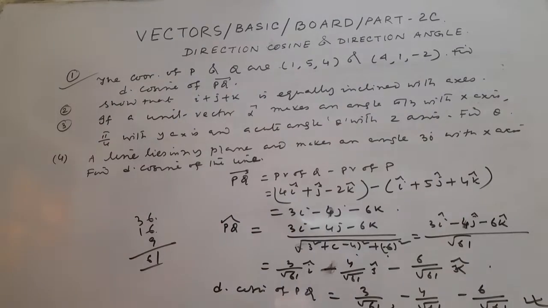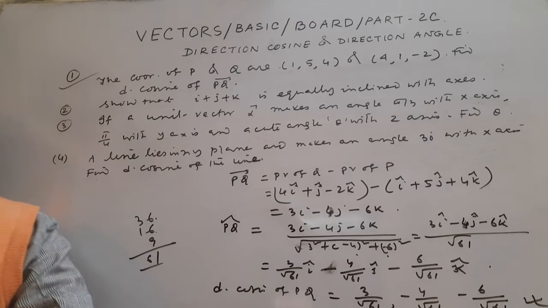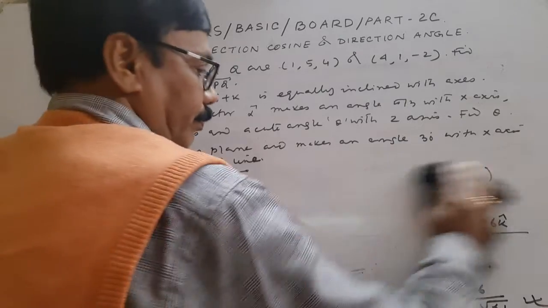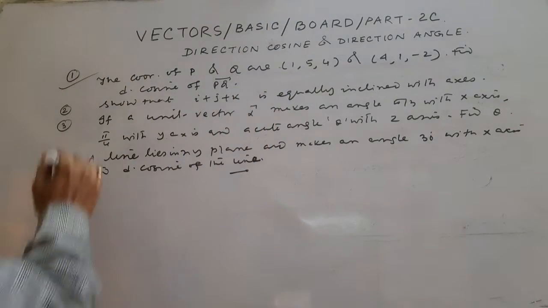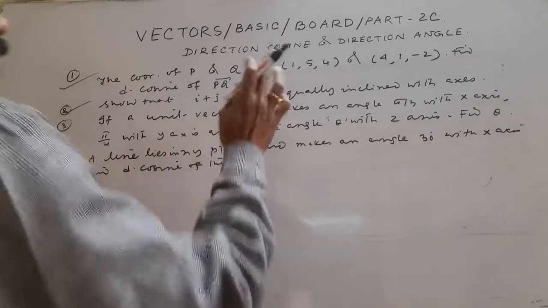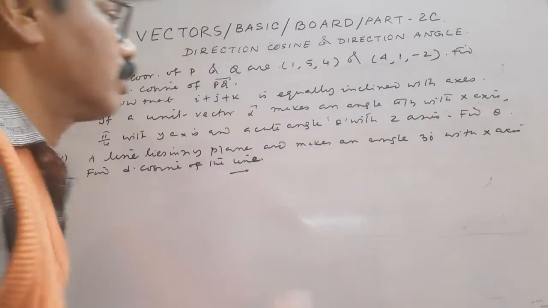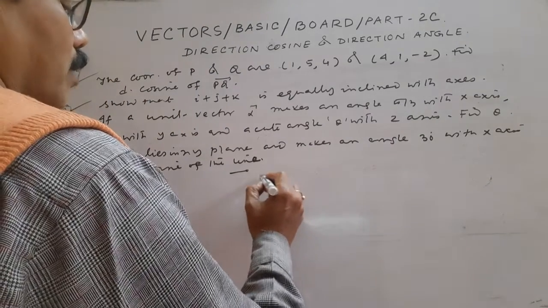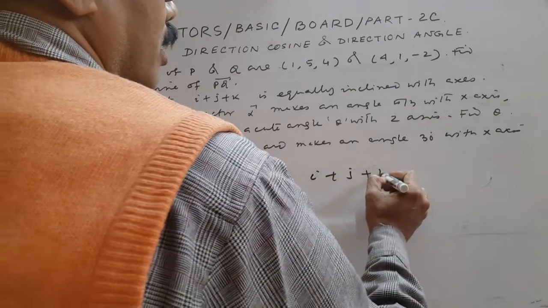Next, second problem. Show that i plus j plus k is equally inclined with the axes. So this is the r vector, i plus j plus k.